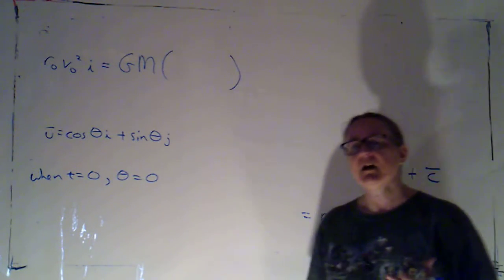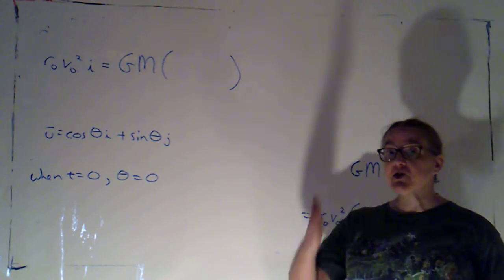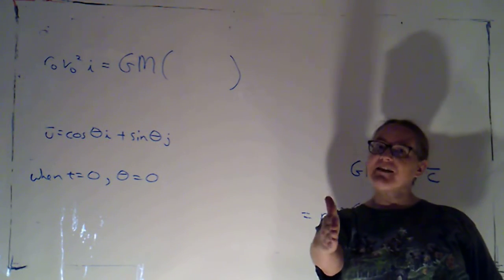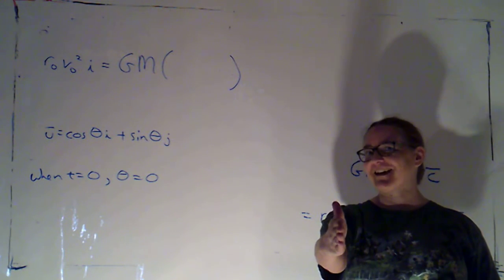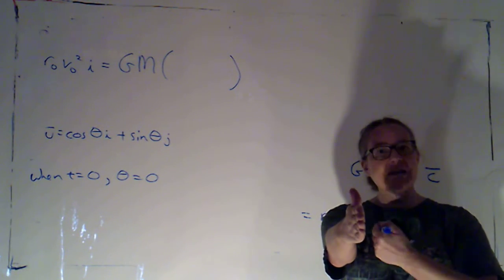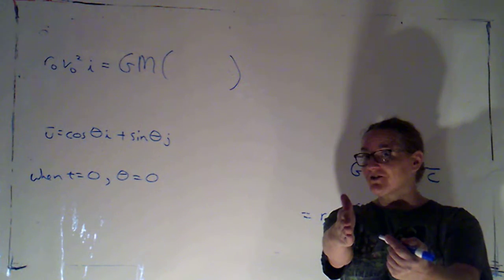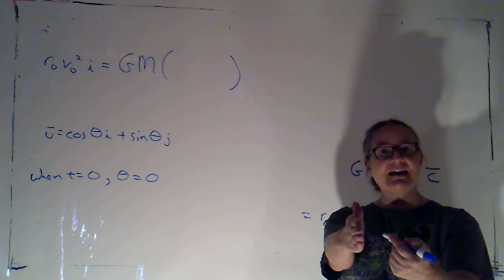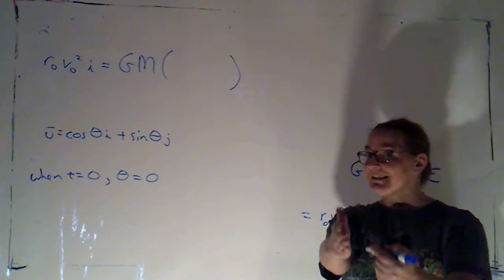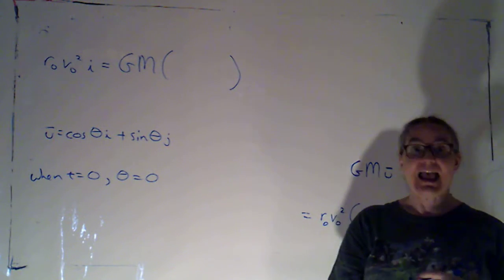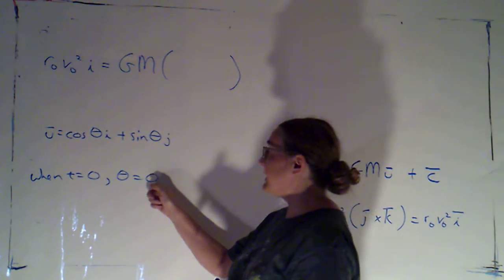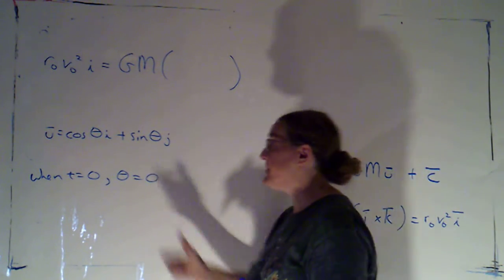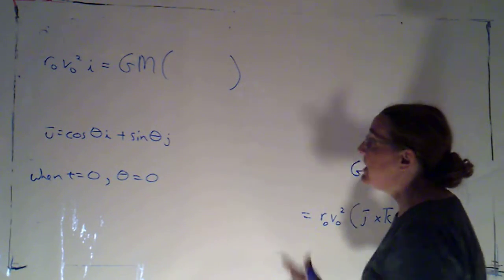Why is that? Well, remember we said that our initial position was pointing in the direction of the positive x-axis. So at time 0, our position vector is parallel to the x-axis, pointing in exactly the same direction as i is, so that we're making an angle of 0 with the positive x-axis.